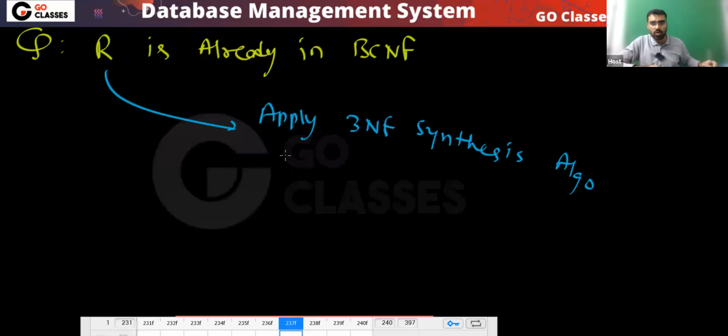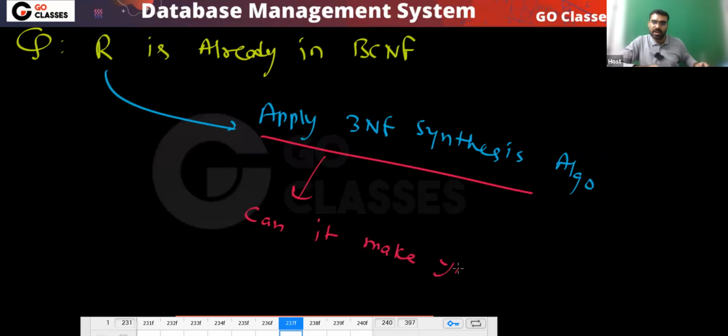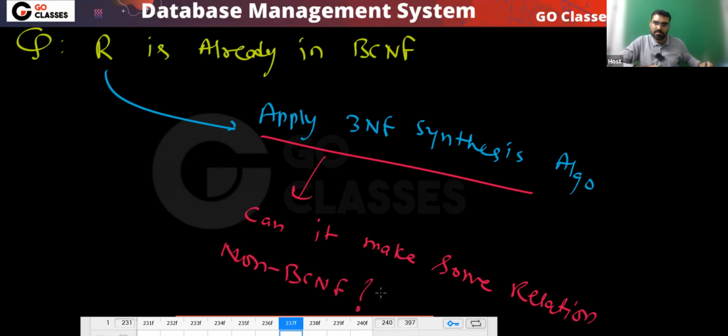Can it make some relation non-BCNF? Can it make the database non-BCNF? Anyone want to tell me why the answer is no? What is the reason the answer is no?